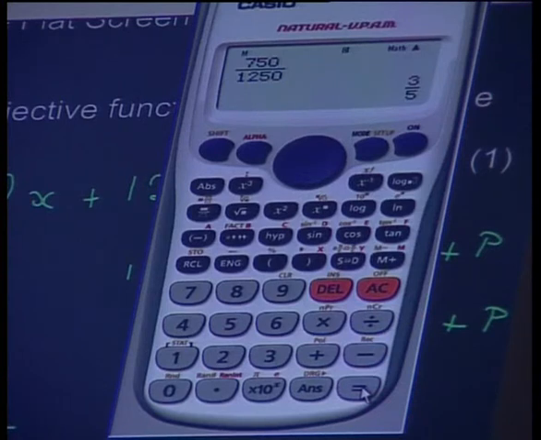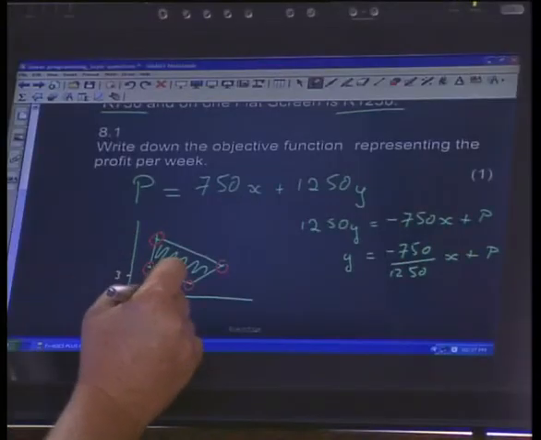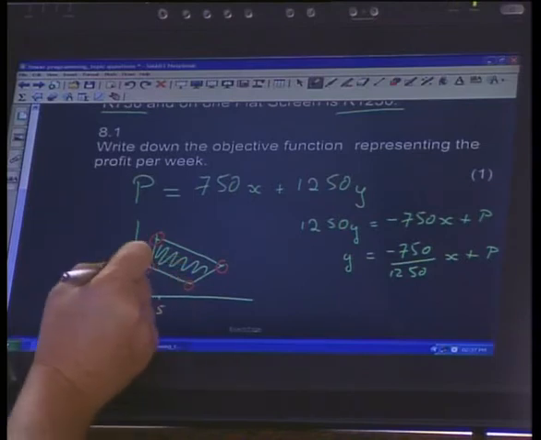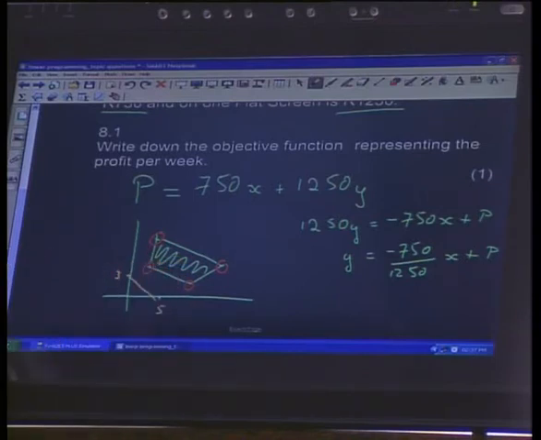So the slope of our profit line is 3/5. So what we need to do is go to our graph and draw a line that is a change of y of 3 and a change of x of 5. And there we have our profit line, 3/5.